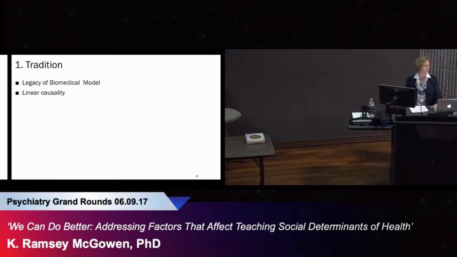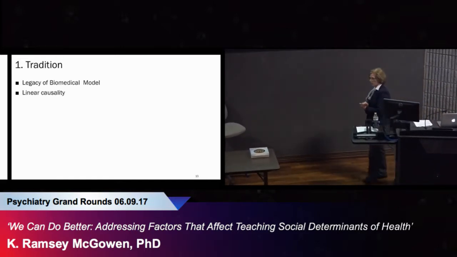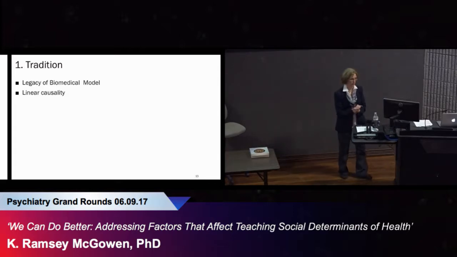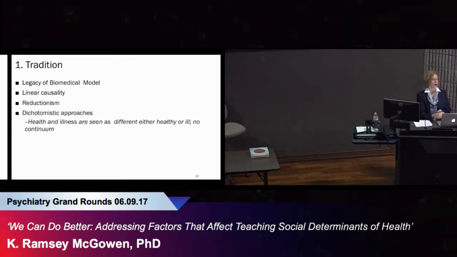Quickly, remind us that although we have been talking about the biopsychosocial model since the 1970s, the legacy of the biomedical model is still very strong. It focuses on understanding things through linear causation, reductionism, dichotomous either-or thinking, and clear distinctions between cause and effect.